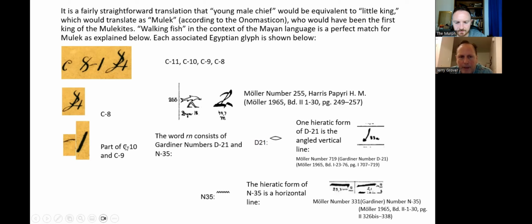This RN, which I told you about, consists of, this is the hieratic, consists of a line. This is the N35, a line that matches the C9, or the C10 glyph. And then this one here. So you basically have both of those glyphs in that word.